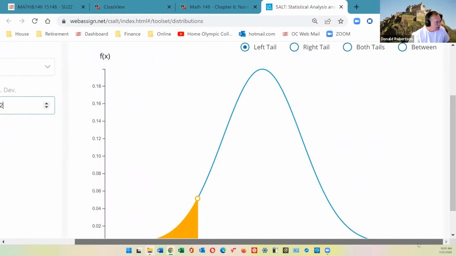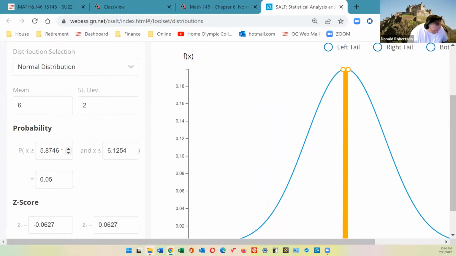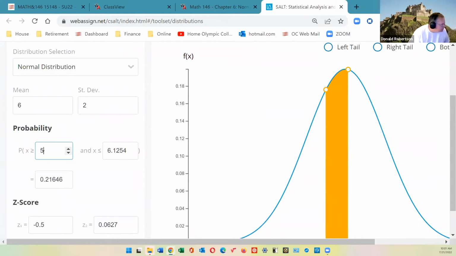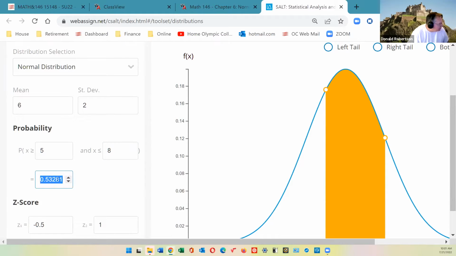So I think between's pretty easy because it says between. Then you go over here and you put between, what was it, 5 and 8. So bigger than 5 and less than 8 is how you would do that. And the answer is that number there.